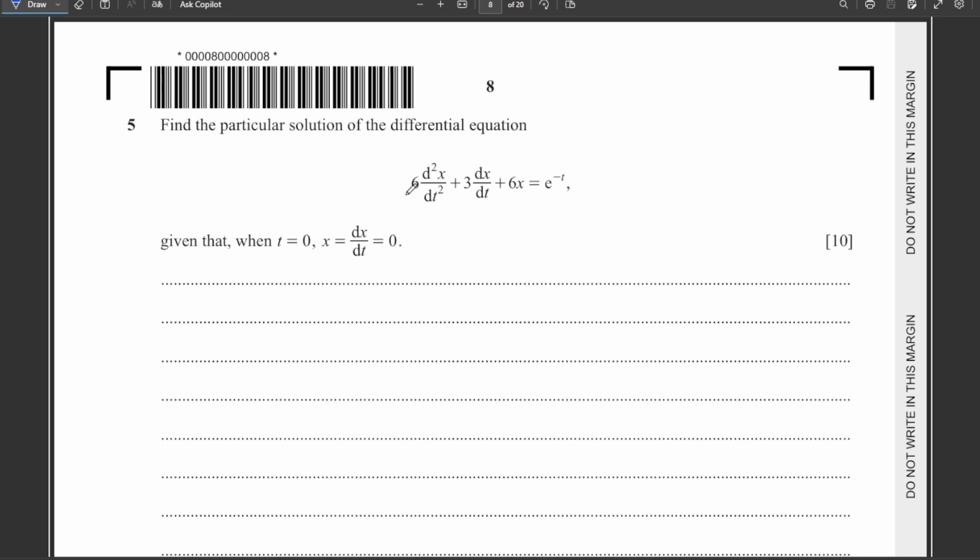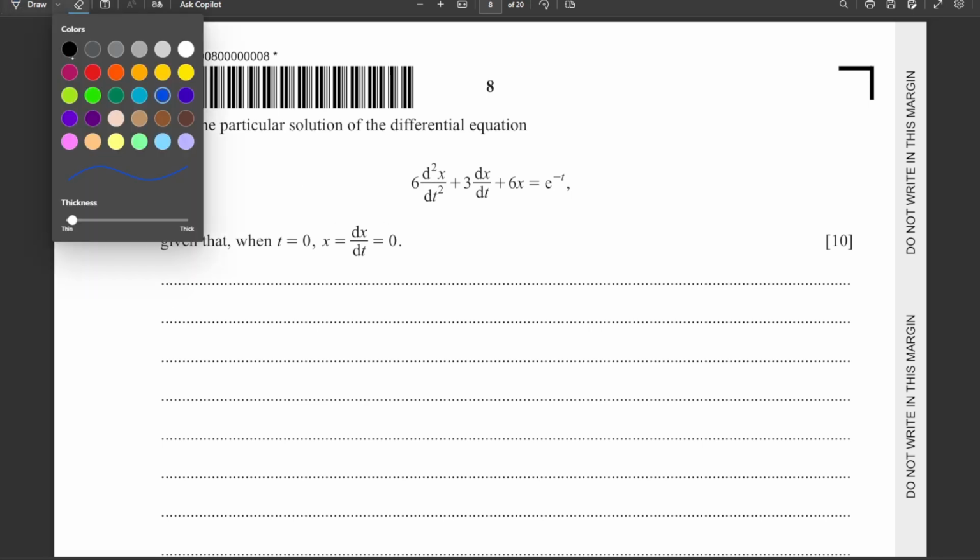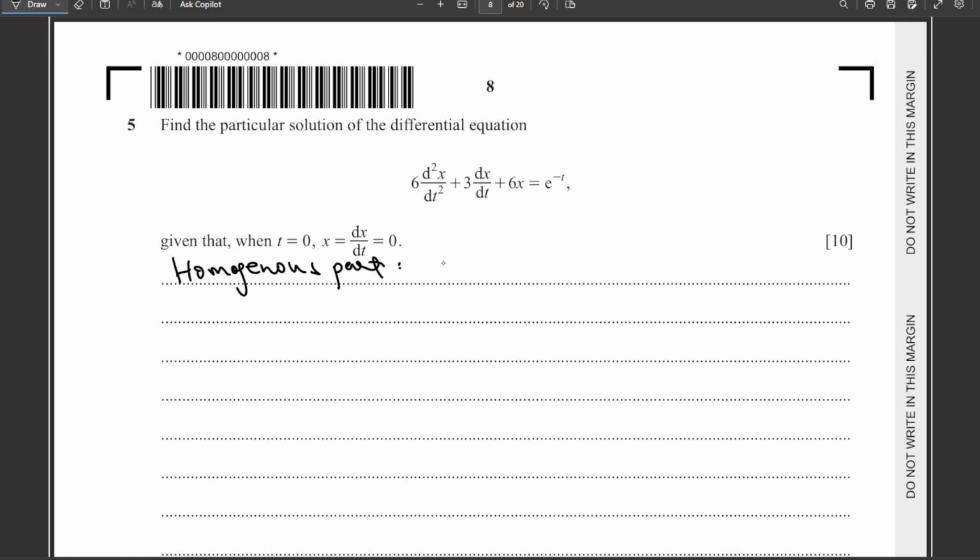Okay, so firstly we have to deal with the homogeneous part, right? For the homogeneous part, we let the entire differential equation equal 0. Then we assume a homogeneous solution of x that takes the form of e to the kt, right?